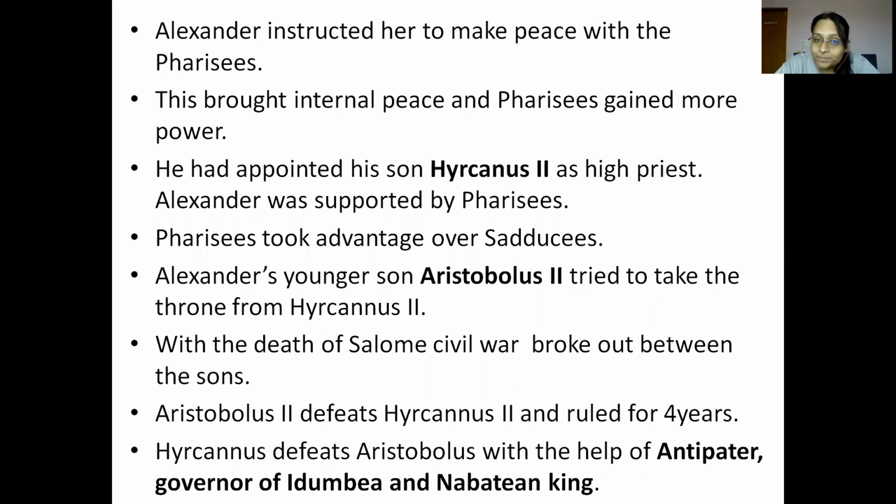This brought internal peace among the Pharisees, and this gave her more power, and the Pharisees gained the upper hand during this period. So that is why we see that the Pharisees have this higher and superior position. So he had appointed his son Hyrcanus II as high priest. Alexander was supported by the Pharisees because he supported them.